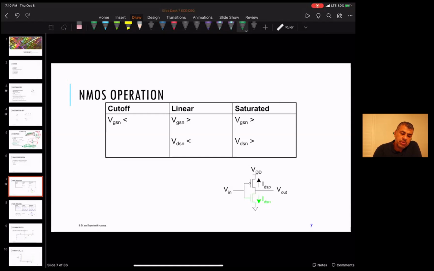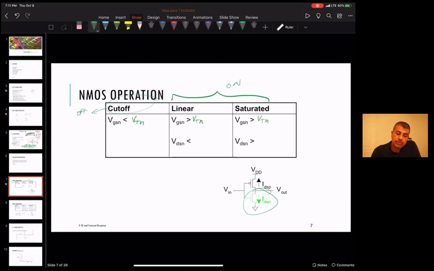We're just looking at the NMOS, this guy here. For an NMOS, it's cut off when the gate source voltage is less than VT. I'll say the VT of the N-type, the threshold voltage of the N-type device, to distinguish it from the P-type device. So this is off. For it to be on, the gate source voltage has to be higher than VTN.